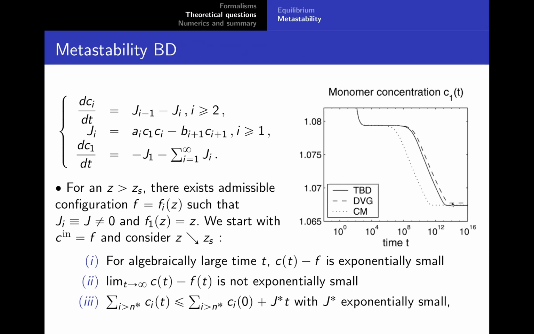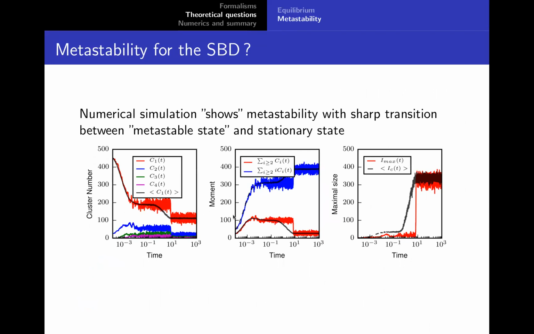And I have to say that this meaning of being a long time or not is with respect to a small parameter, which is the difference between the supercritical density and the critical one. So if you are just above the critical density, you will have this metastability phenomenon. And this is what we see in numerical trajectories of the stochastic model.